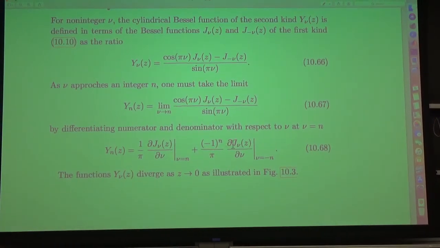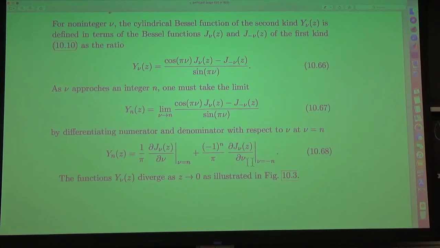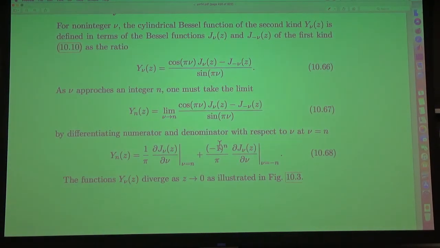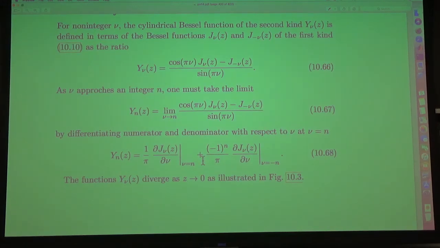And when you do that, you get this derivative plus this derivative with a factor there. These all diverge at small z equals 0. Whereas the Bessel functions are either 0 or 1 at z equals 0.